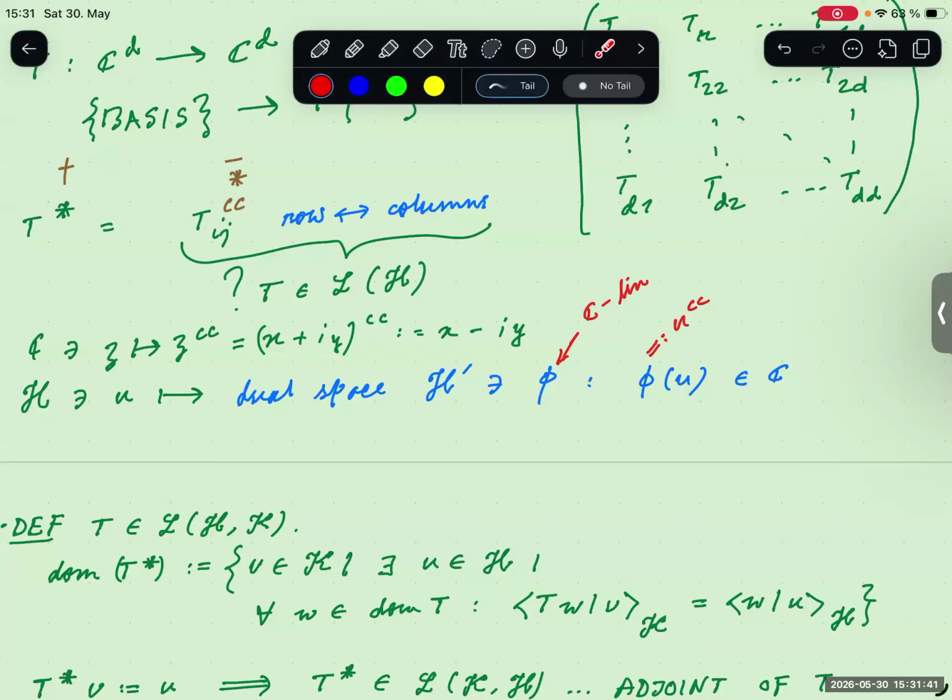Or in other words, if you put u equals to this guy, from this definition, do you get phi equals to this guy?